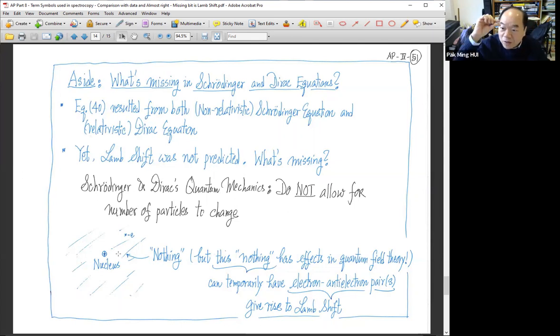And that will give us the Lamb shift. That is a very famous calculation in QED in the early days. People like, I think, Hans Bethe, another Nobel Prize winner, did very accurate calculations of the Lamb shift using quantum field theory.